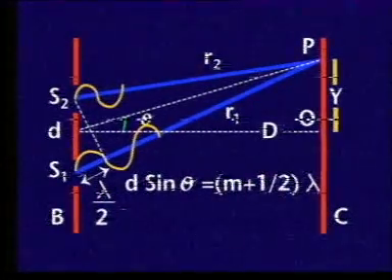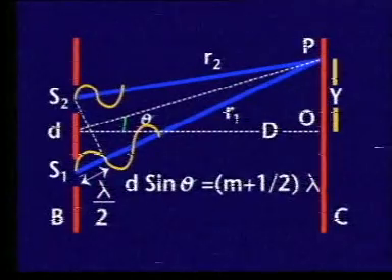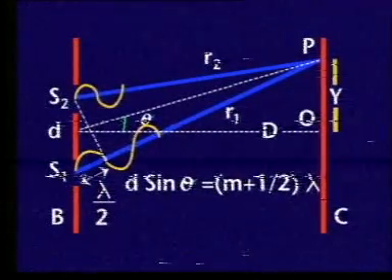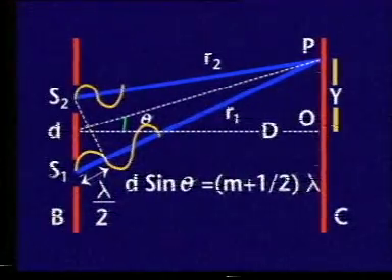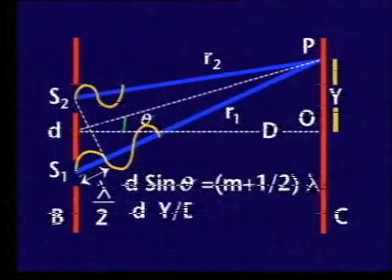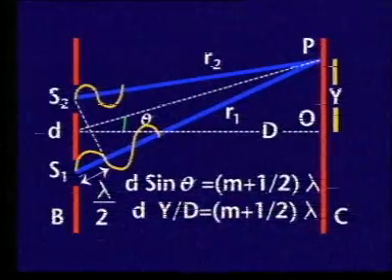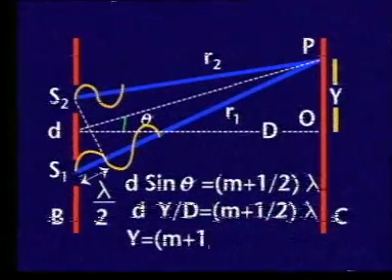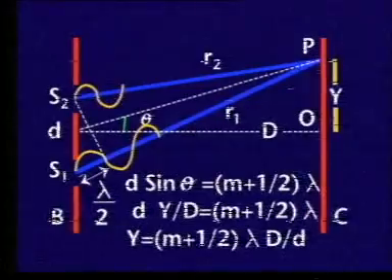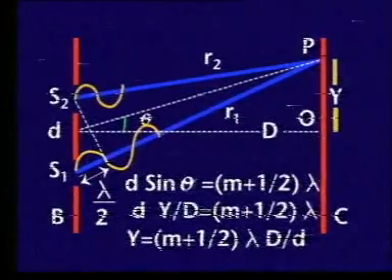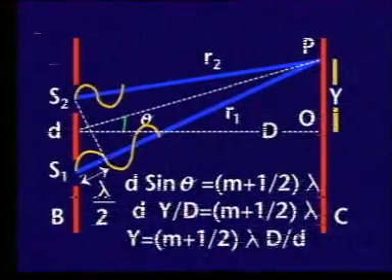Again, sine theta is approximately equal to tangent theta is equal to y divided by D. That is, d into y over D is equal to m plus 1 by 2 into lambda. That implies y is equal to m plus 1 by 2 into lambda D divided by d.